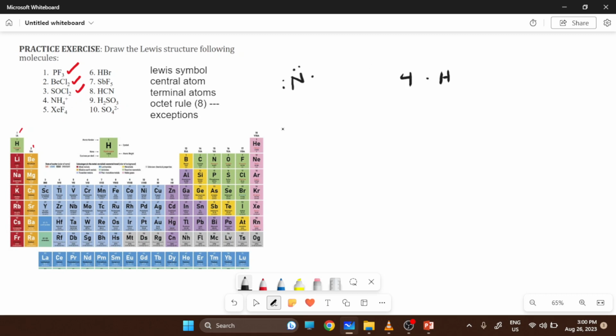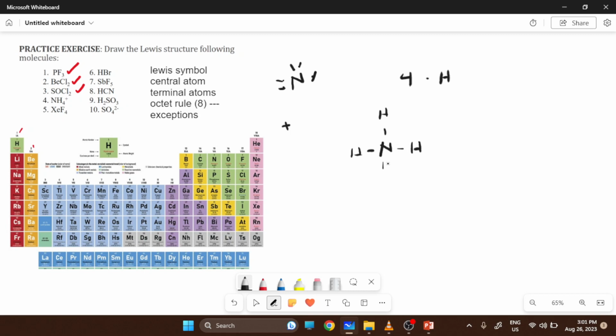Our ruling is that when there is a positive charge, we remove one dot or one electron. However, is it on the nitrogen or on the hydrogen? If we remove from the hydrogen, the hydrogen would have no electrons. So the one that automatically loses the electron is our nitrogen, correct? So it can form 4 bonds with the hydrogens, forming this compound.